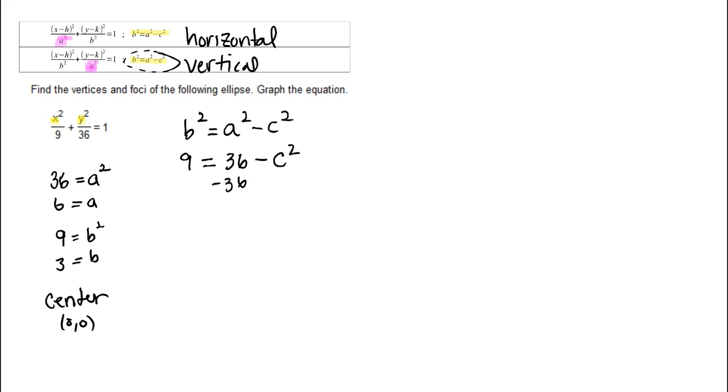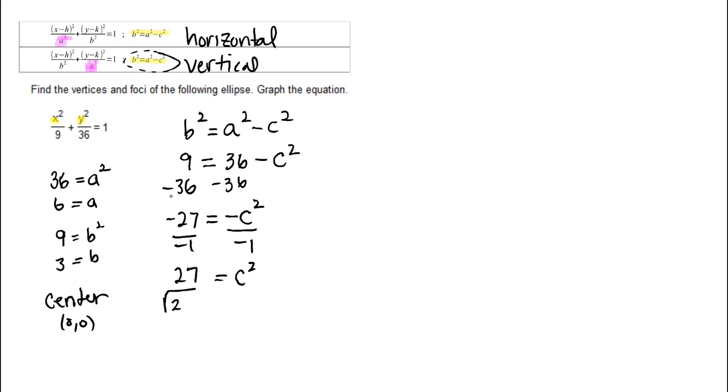I'll subtract 36 on both sides. 9 minus 36 is negative 27 equals negative c squared. I'll divide both sides by a negative 1. That gives me c squared equals 27.